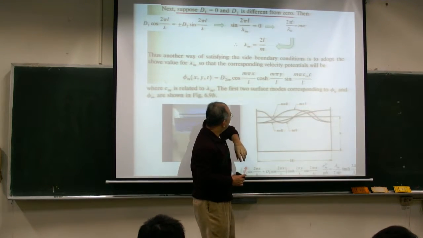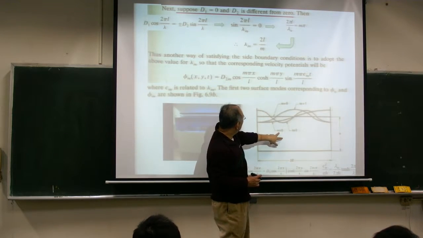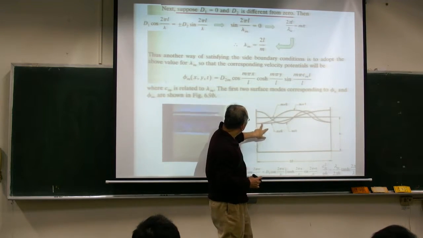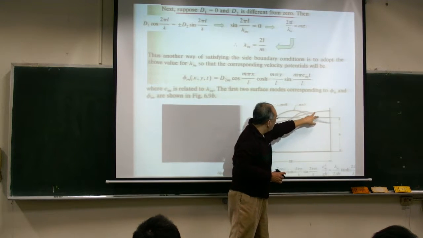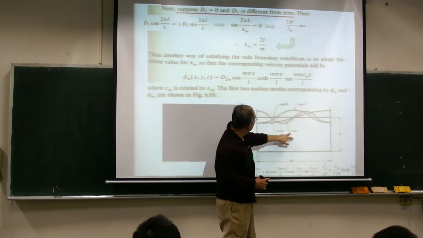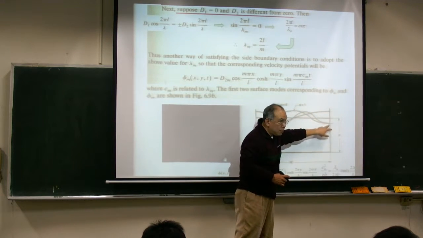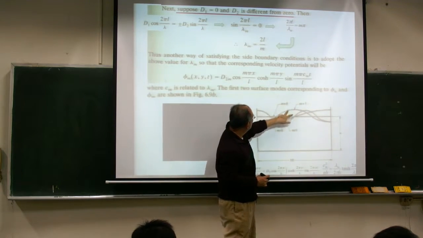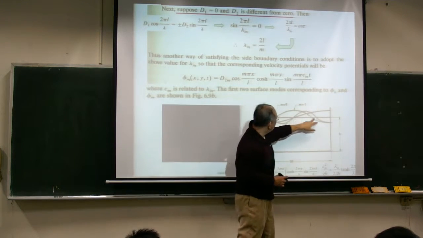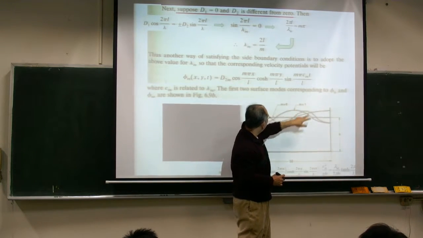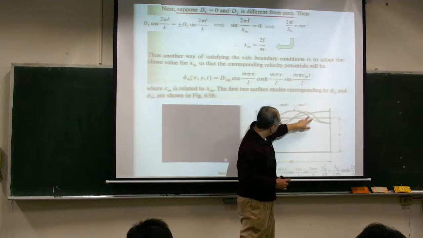You plot that, and as you can see, if n equals 0, your waveform looks like this. If n equals 1, your waveform will look like this. Standing wave waveform. If m equals 0, your waveform will look like this. If m equals 1, your waveform will look like this.